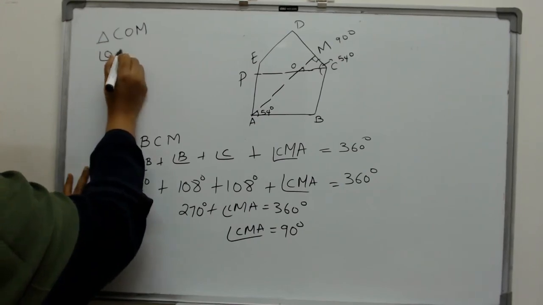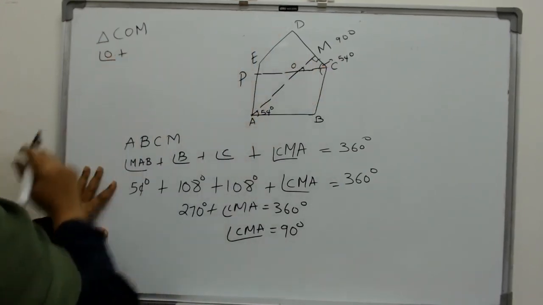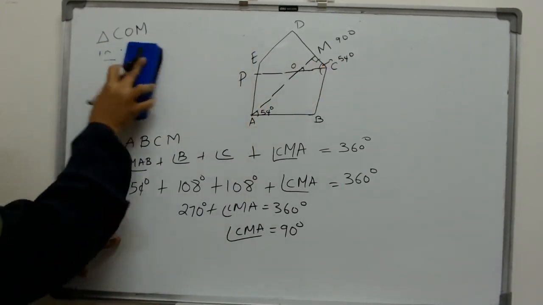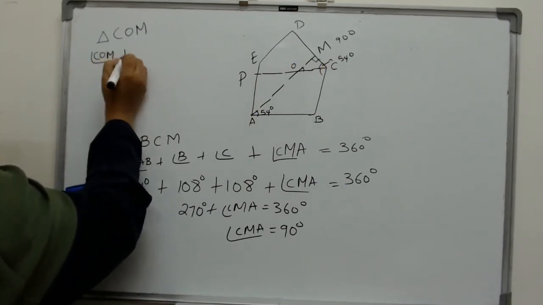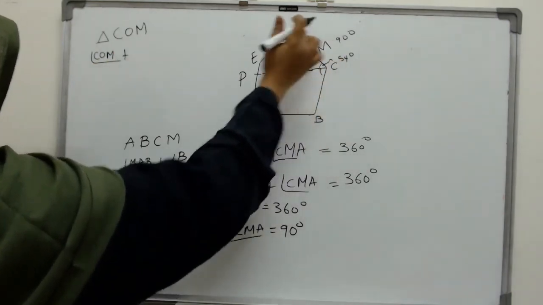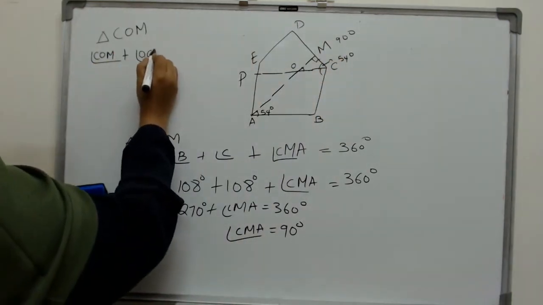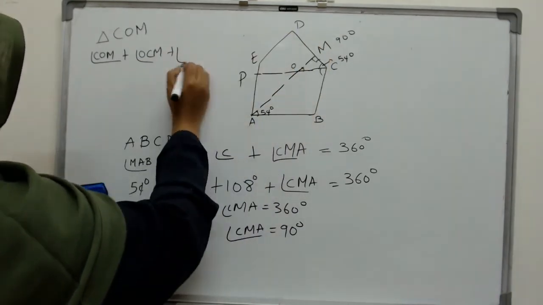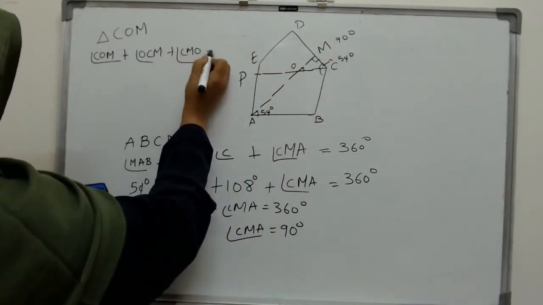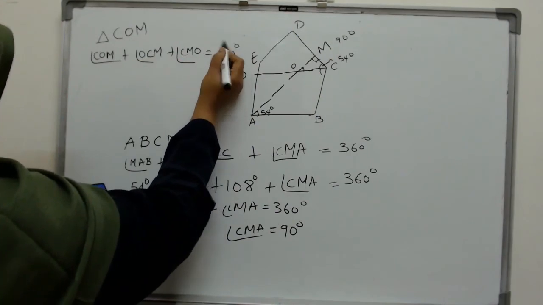First is angle COM. I will write COM to avoid confusion. And what is the second angle? OCM. And what is the third angle? CMO. And all of that added should give you 180 degrees.